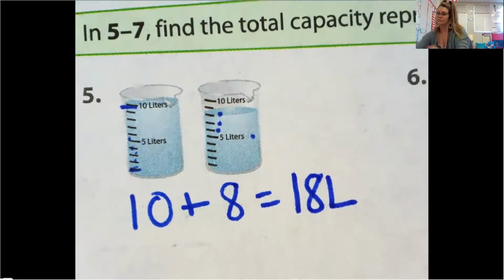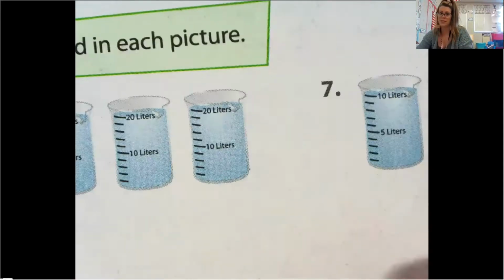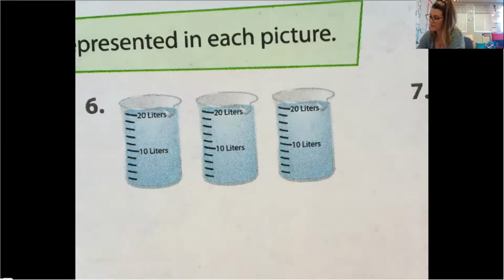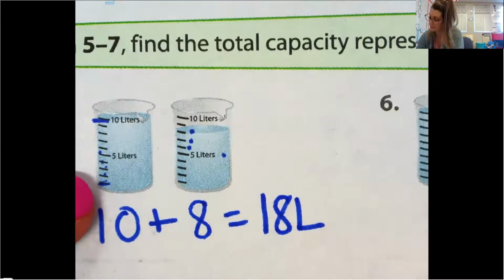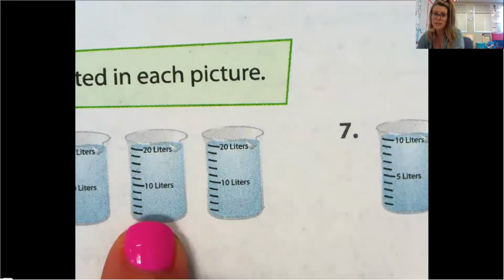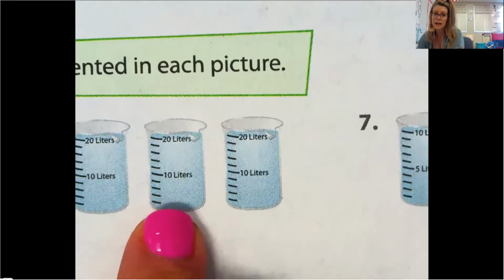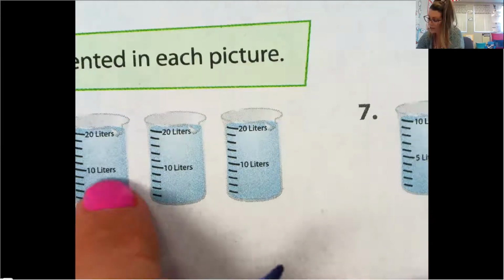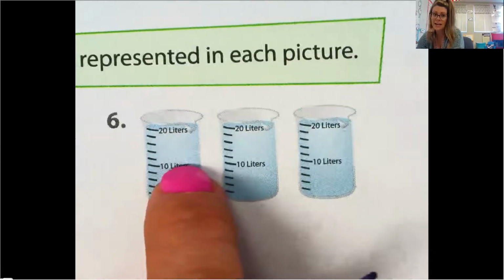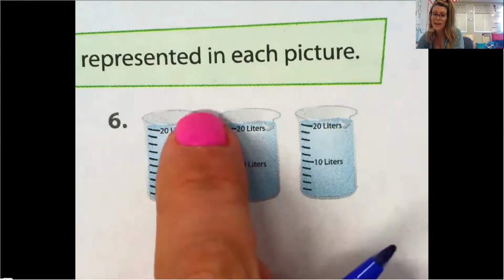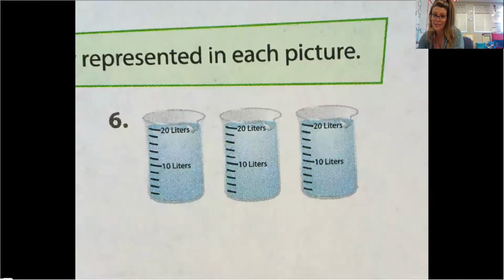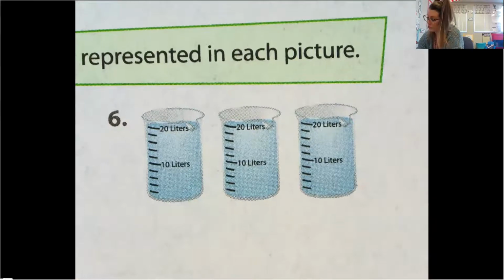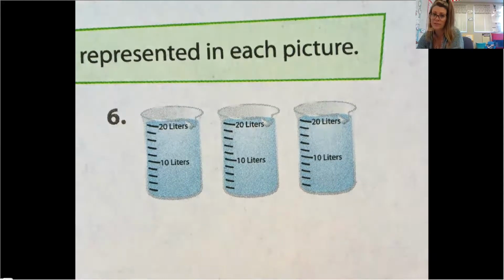Okay. Let's go ahead and look at number 6. Pay attention. These cups are not the same as these cups. We've got halfway is 10 and then 20. Okay, so don't tell me 3 liters.